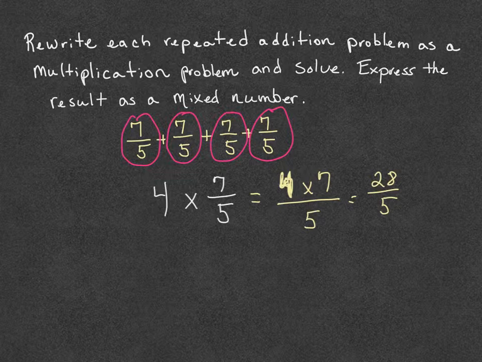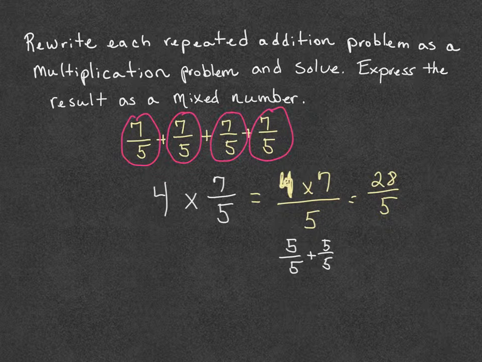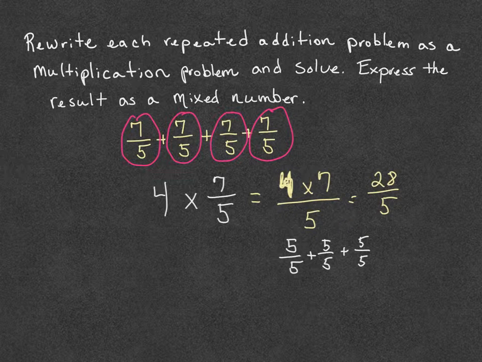change this into a mixed number. And how we do that, guys, is we're just going to start pulling out those wholes until we get close to that numerator, which is 28. So here we go. We've got 5/5 plus 5/5, which is 10/5. We're not there yet. 5/5 is 15. Not there yet. We are close. We have got 20/5.